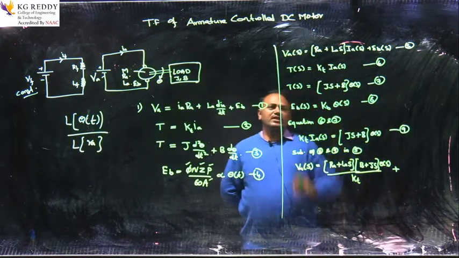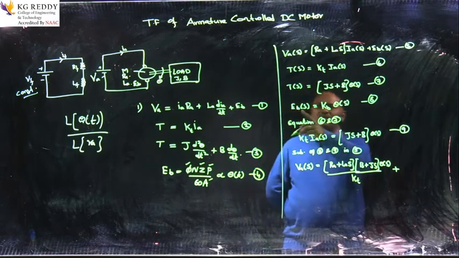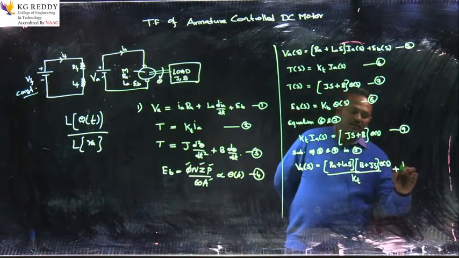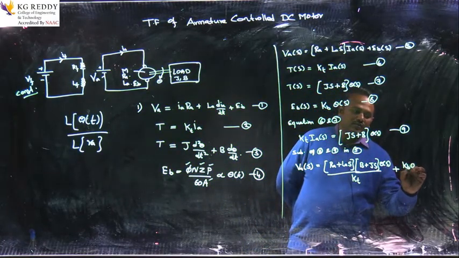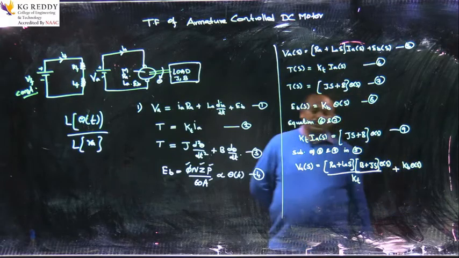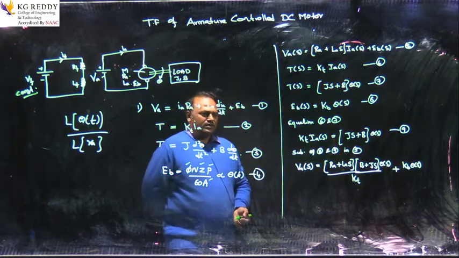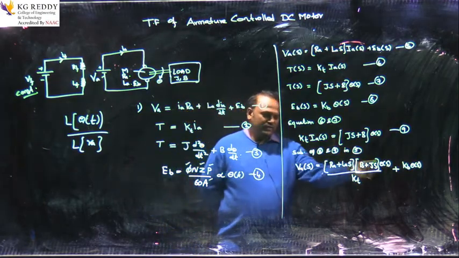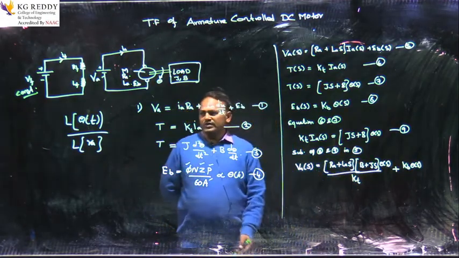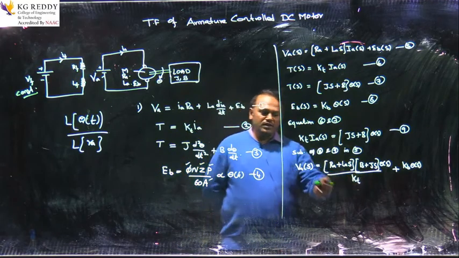From equation number 8 we can write Eb of s as Kb into theta of s. It is just a mathematical equation. Just try to simplify this and obtain the required equation, that is theta of s by V of s.